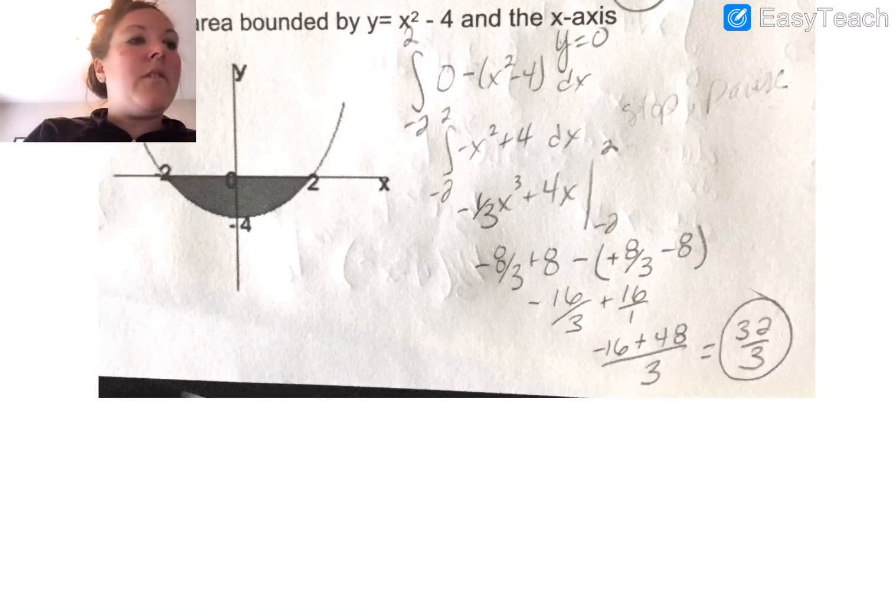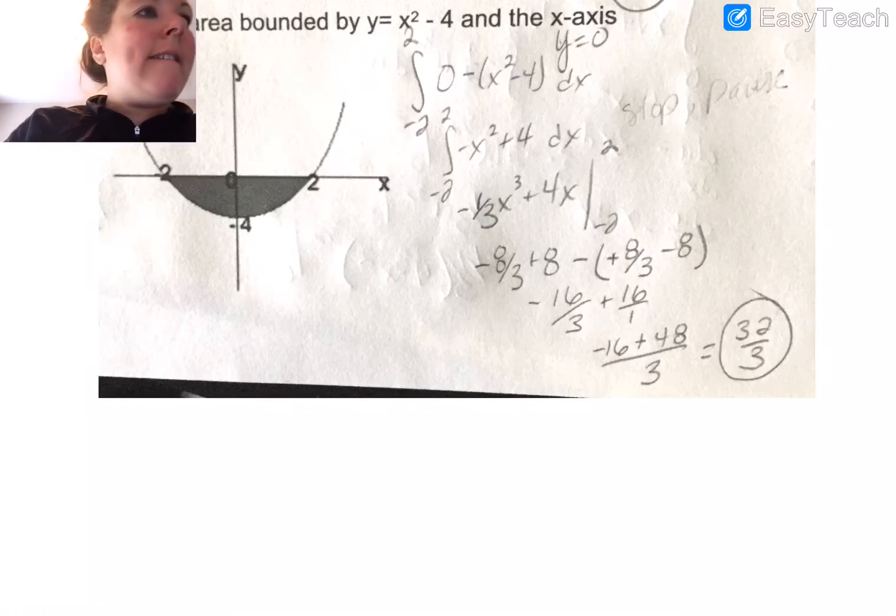You should have gotten an area of 32 over 3. Remember, it's area, so it's going to be positive. If you didn't, I've shown my work here, so you can pause the video and see where you might have made a little mistake.